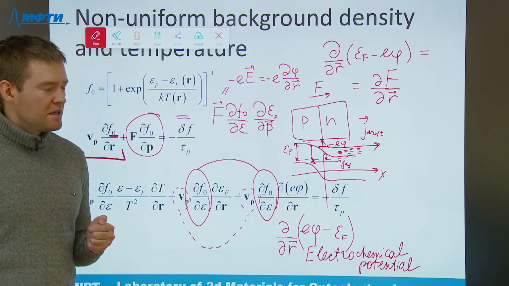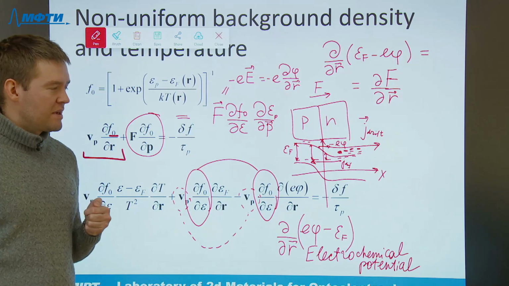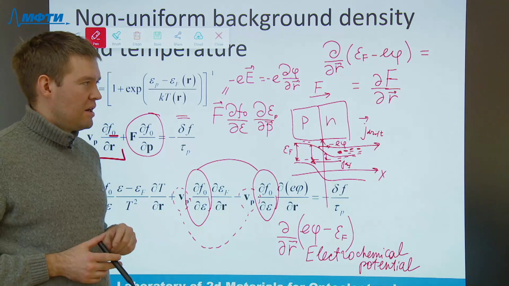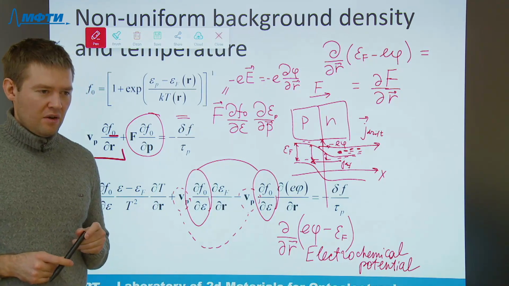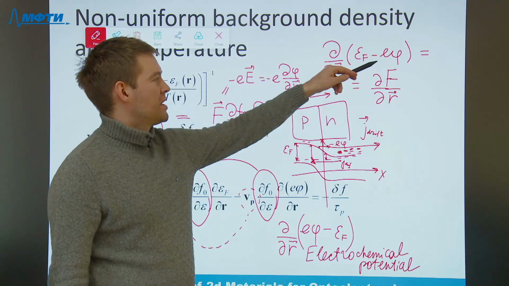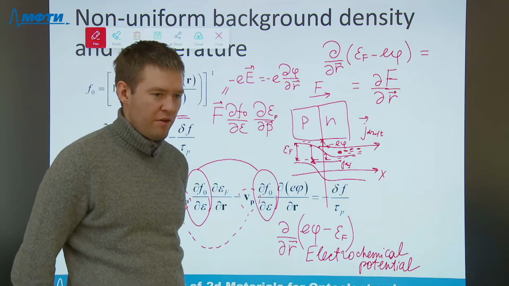To get finite electric current in semiconductor, you should have the gradient of the Fermi level, which is contributed by gradients in electric potential and gradients in Fermi energy.